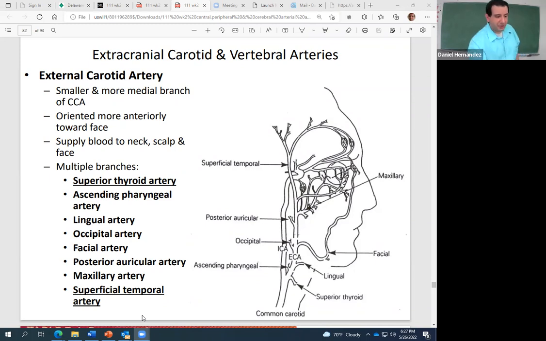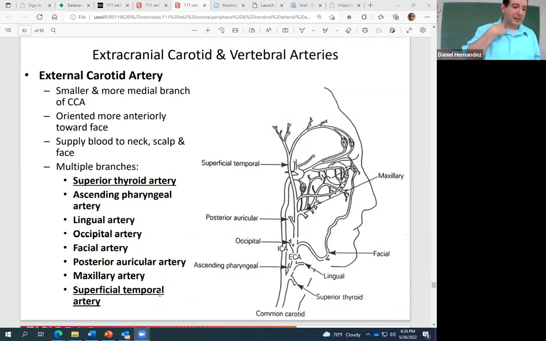The reason the superficial temporal artery is highlighted is because while we're doing a carotid duplex, we can perform something called a temporal tap, where we put oscillating pressure, kind of tapping on that superficial temporal artery, and we can get reverberations seen when we're Dopplering that external carotid artery.